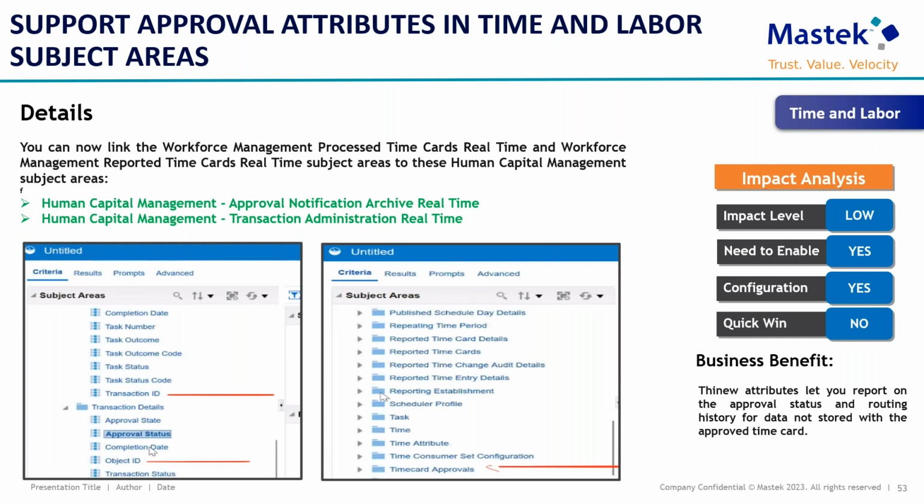By utilizing the transaction ID and object ID columns, you will be able to connect the approval subject area with the time and labor subject area through the time card approval folder.